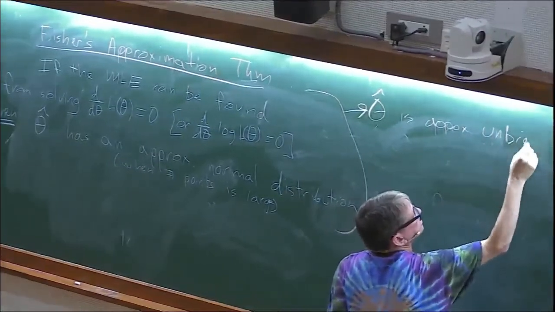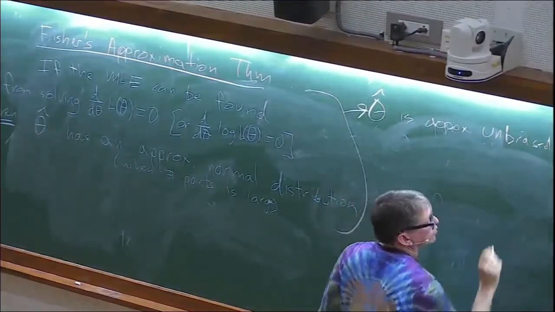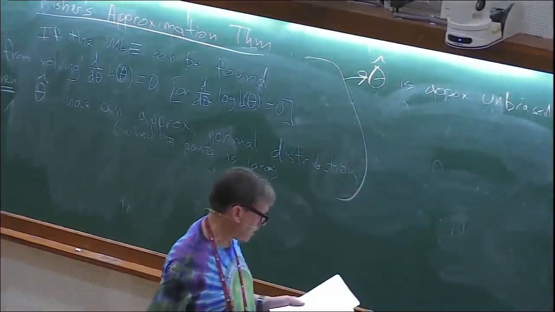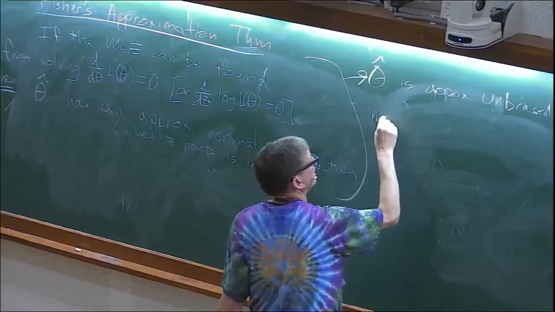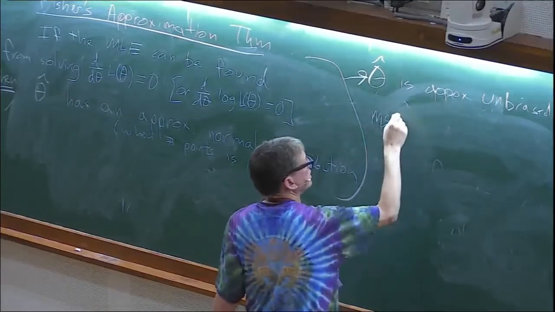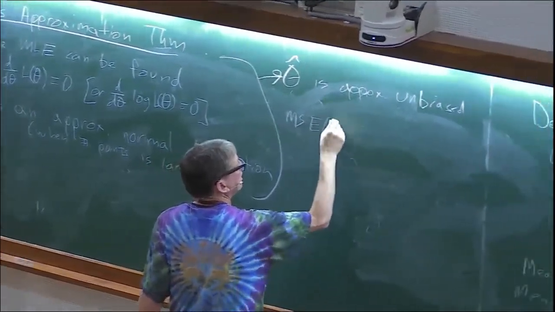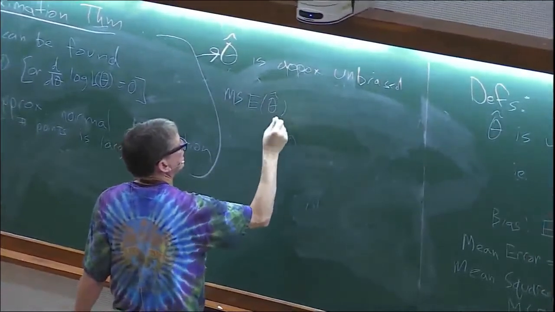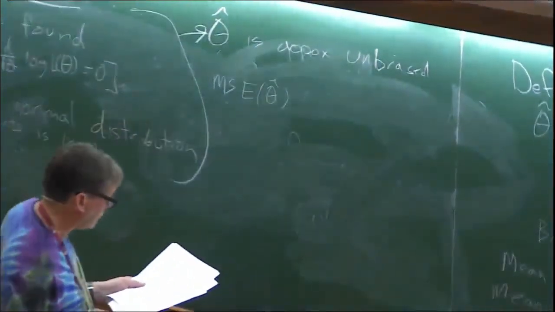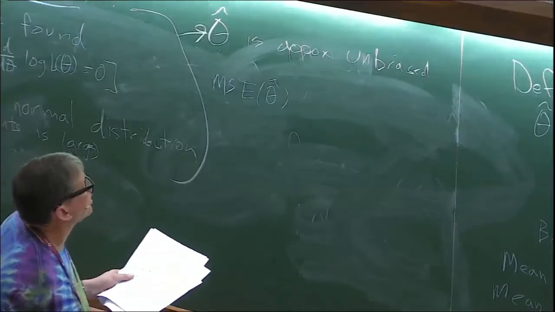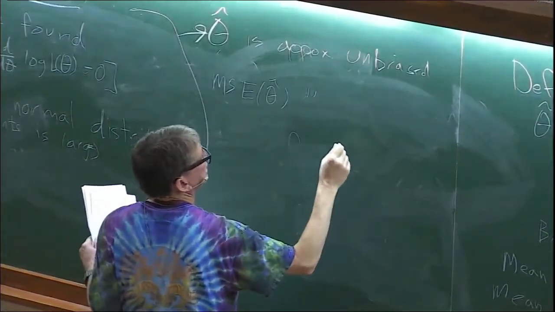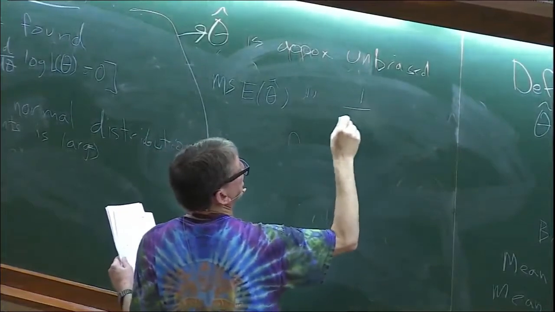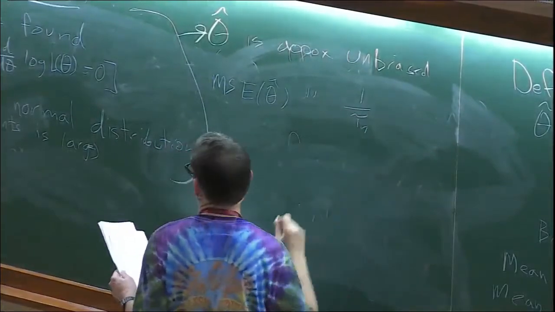That's because of the shape of the normal distribution, okay? And it also means that the MSE of theta hat is going to be the variance of the normal distribution, which is going to be 1 over tau sub n.